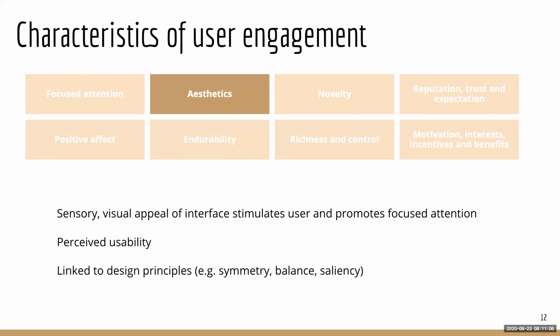Often what I tend to say to people is, if the aesthetic is not there, even studying or measuring user engagement is going to be hard, because the site is not going to be usable. So if the aesthetic is not good, maybe revise the aesthetic and then try to understand user engagement and how to measure it.